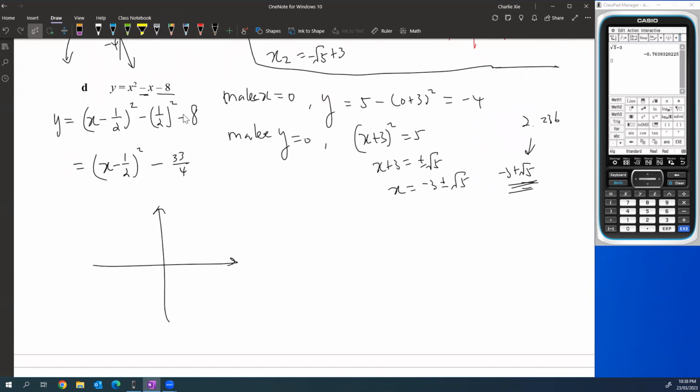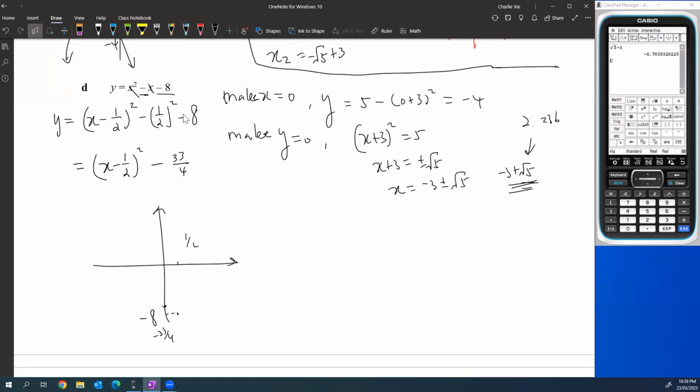When x equals 0, using the original equation, gives you -8 for the y-intercept. And then the turning point is 1/2 and -33/4. 33/4 is slightly smaller than -8. So -33/4, and then 1/2.